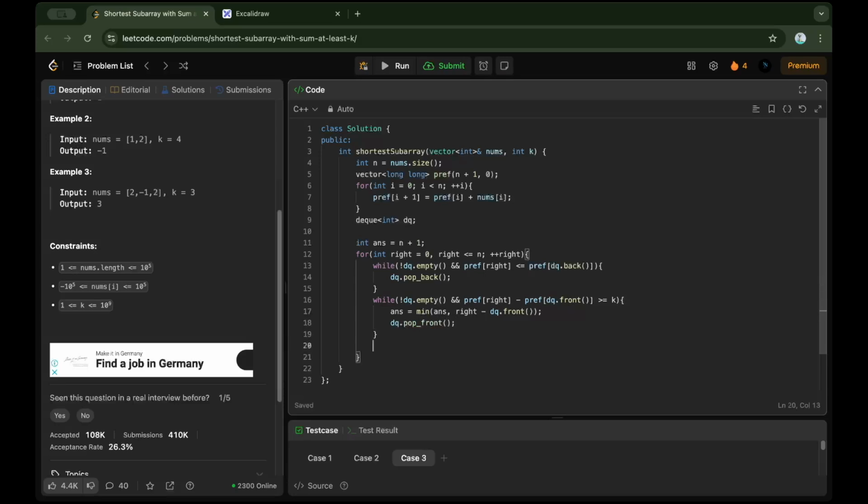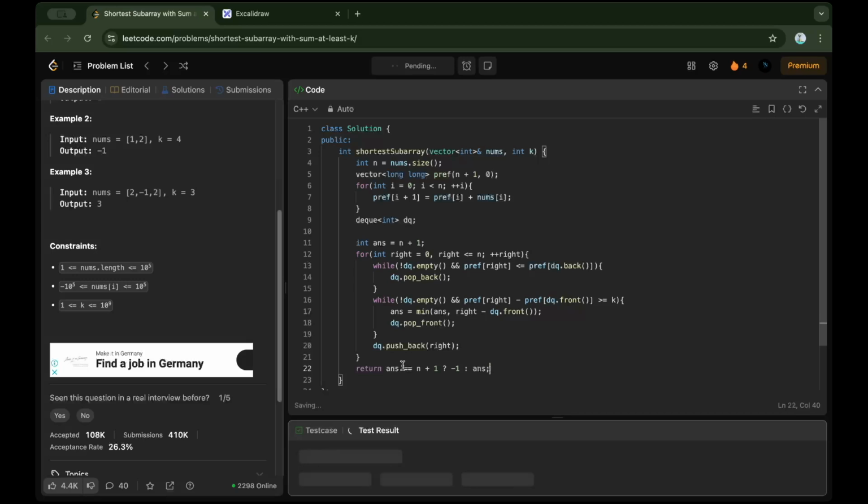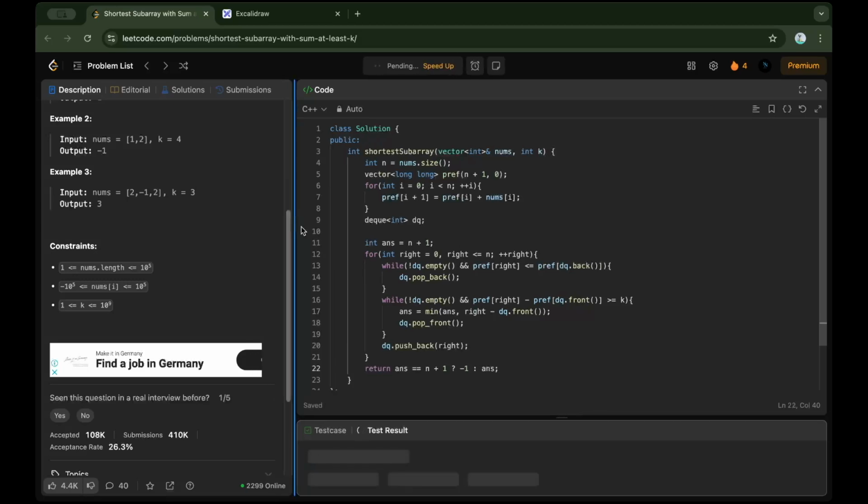And if either of these is not satisfied, we'll always update the current one. Then the answer will be minus 1 if nothing is found.